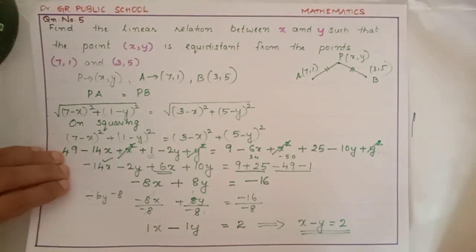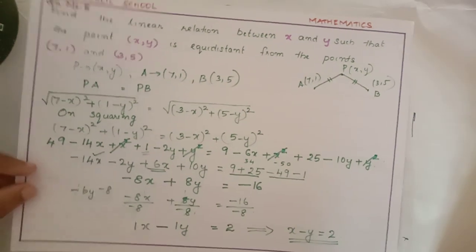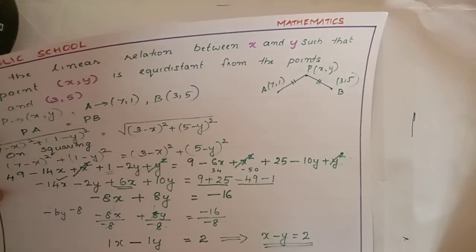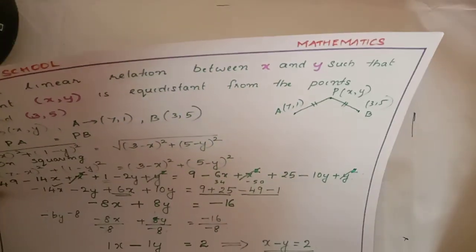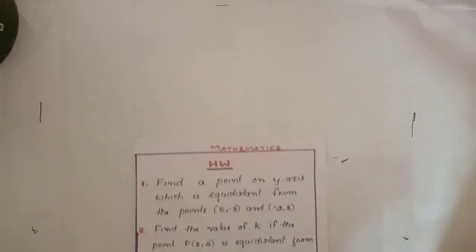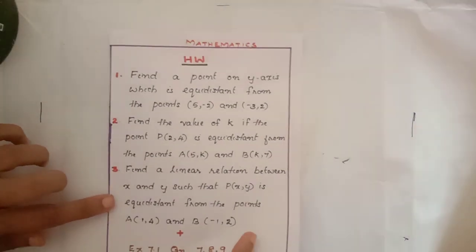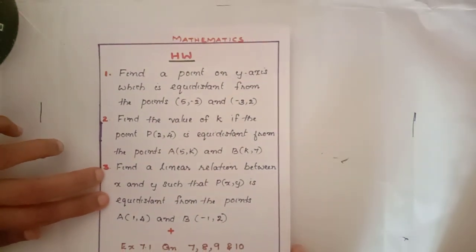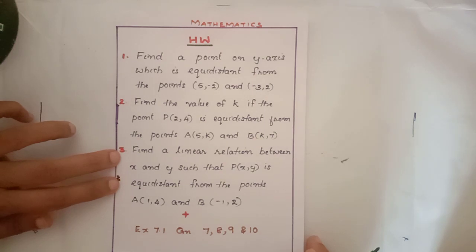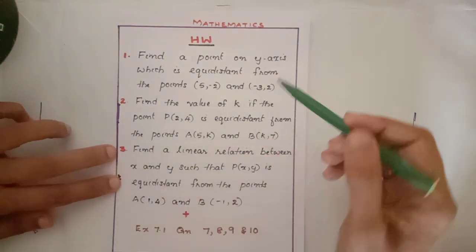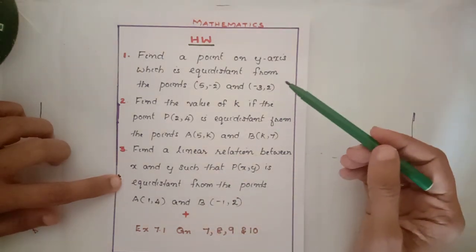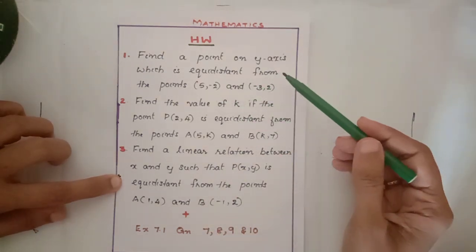Now these are the questions. So go through the answers very patiently. Understand each and every step. Then I am going to give the questions from this section. So, homework. I gave 3 questions like this, just like the questions we have discussed now.